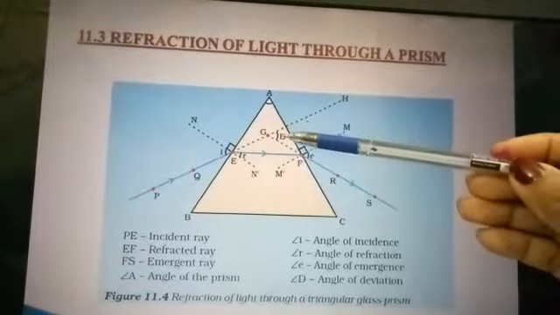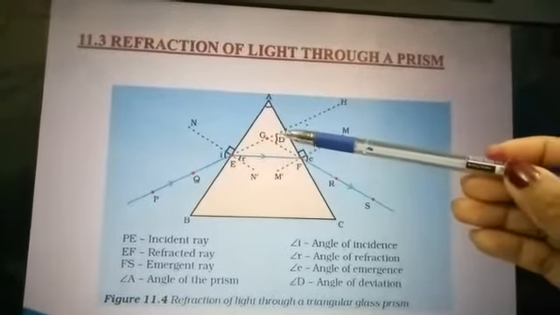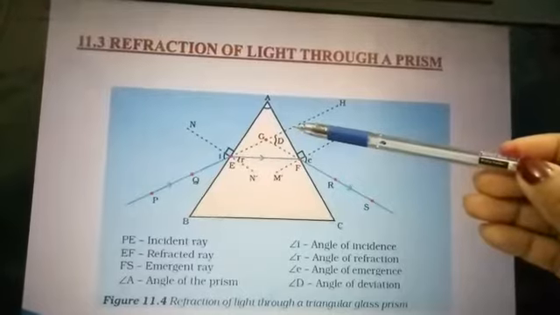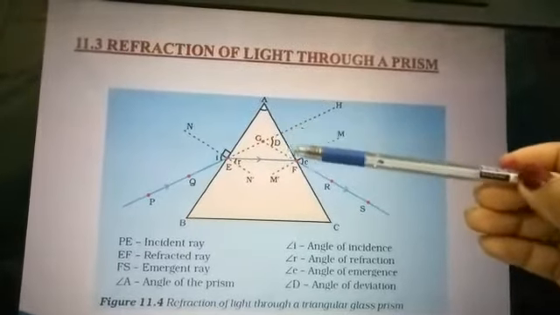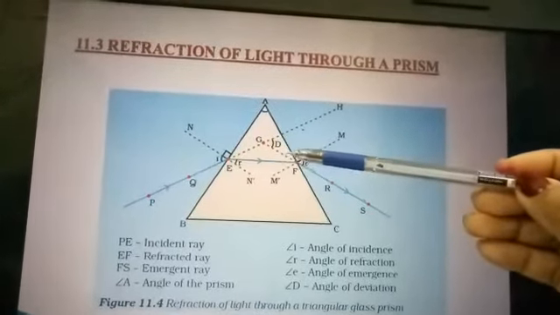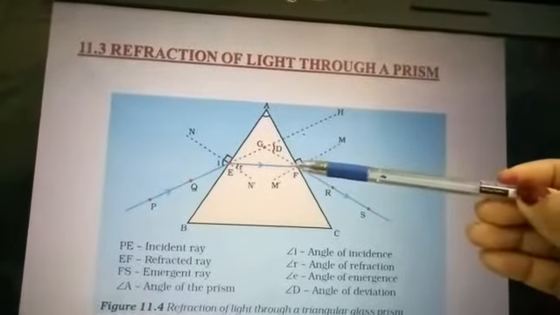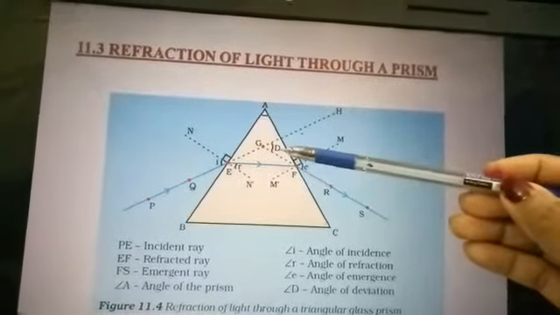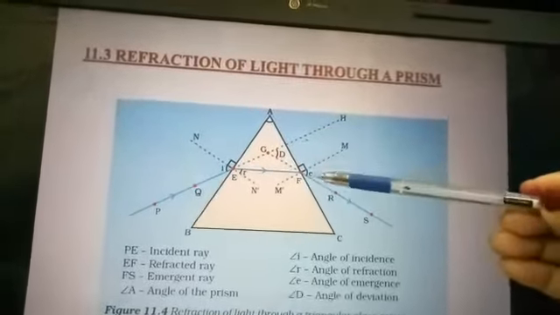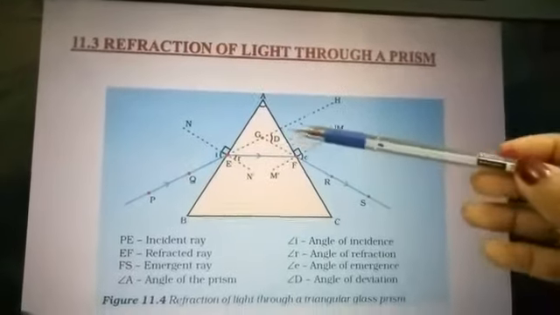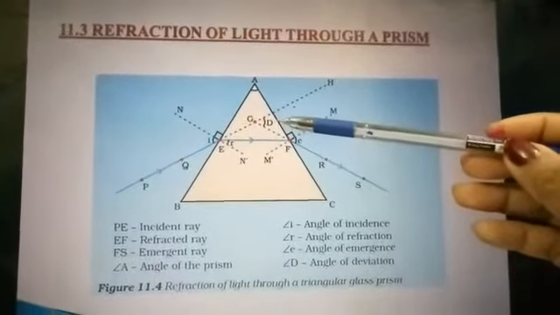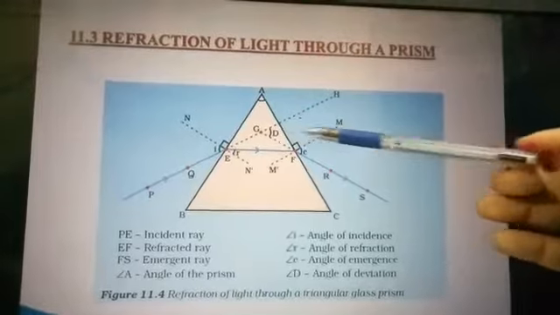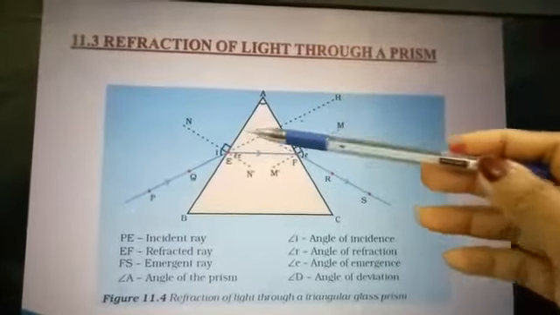So the angle of deviation is the angle between the extended imaginary incident ray and the extended imaginary emergent ray. This shows the deviation of the emergent ray from the incident ray. And why is there deviation? There is deviation only because the faces are not parallel.